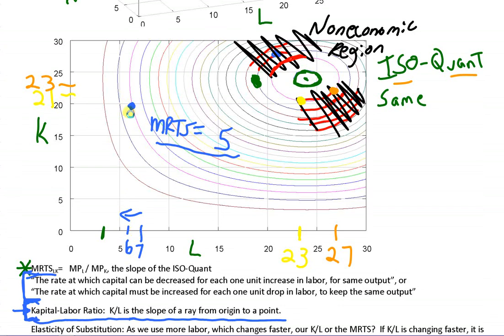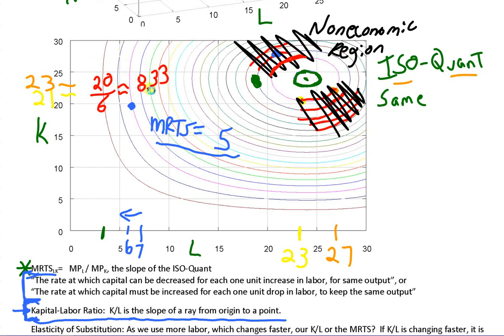And a way to visualize K over L, which is just going to be 20 over 6, which is approximately 18.33, right? We'd say that's the capital to labor ratio. 18 machines per worker. Oh, I'm sorry, that's not 18. That should be 8. Sorry, 8 machines per worker.